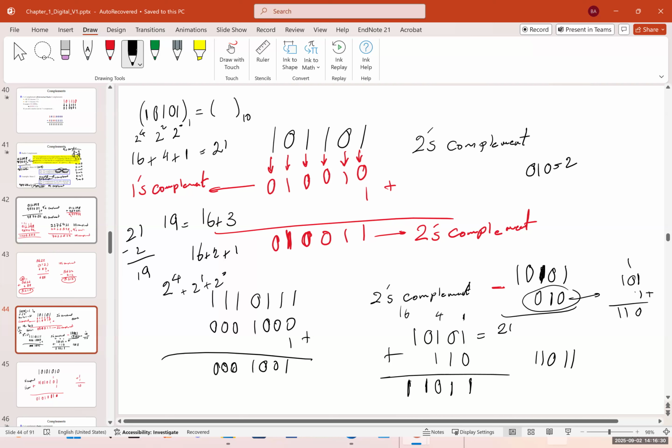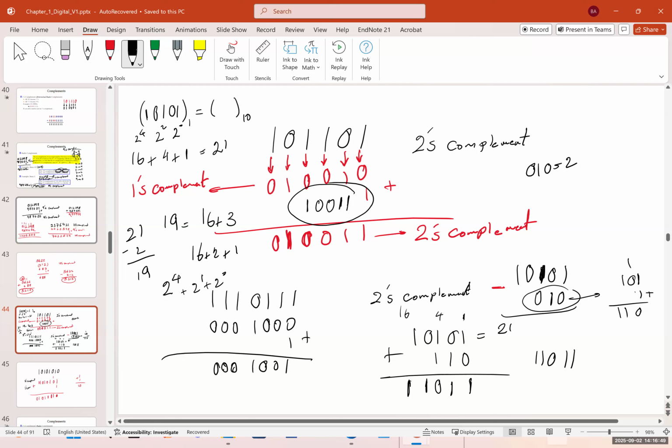And 1 is 2 in the power of 0. So it's going to be 1, 0, 0, 1, 1. 2 in the power of 3 is 0, 2 in the power of 2 is 0, 2 in the power of 1 is 1, and 2 in the power of 0 is 1.